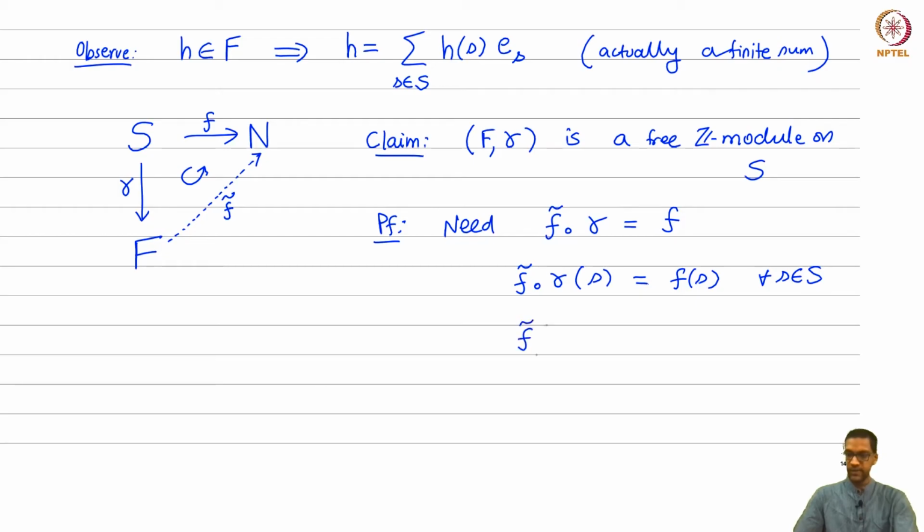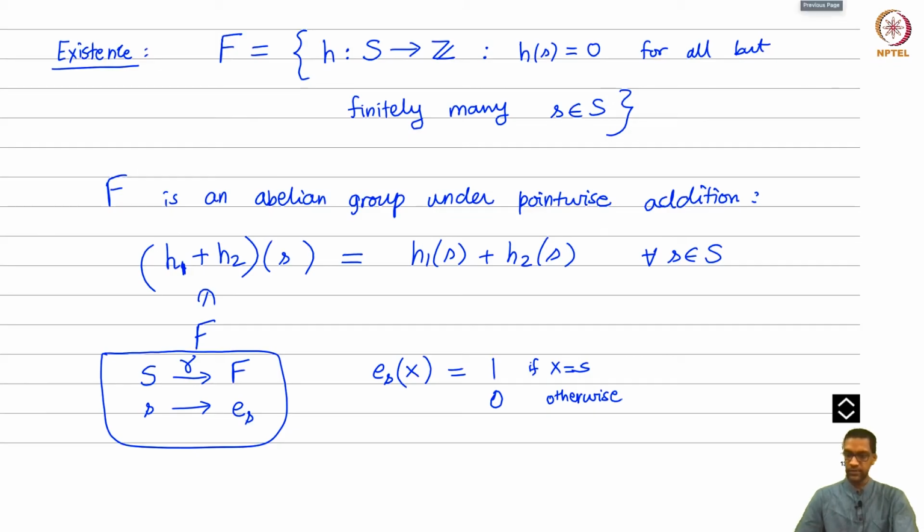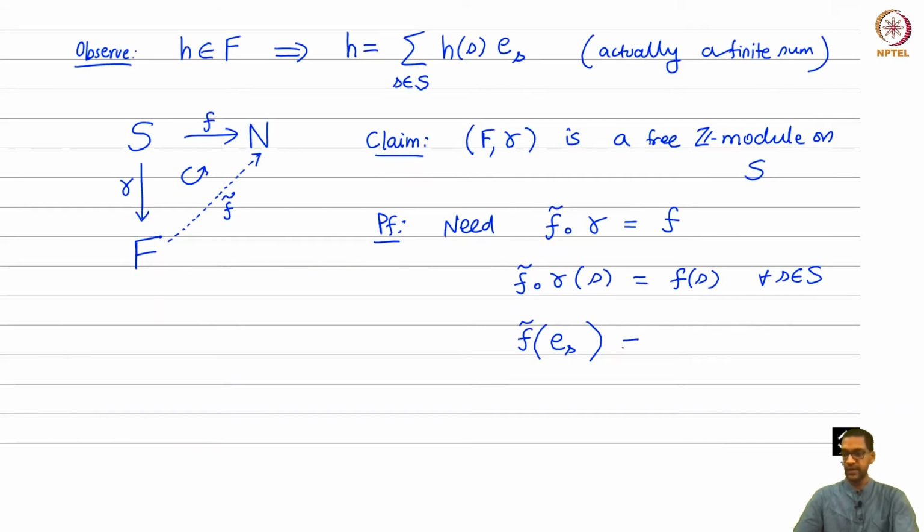This is gamma of s, which we just defined. If you go back and look, gamma was defined to be the map which takes each element s to the corresponding indicator function e_s. So f tilde takes e_s to the value of f at s. So this is what f tilde must do.